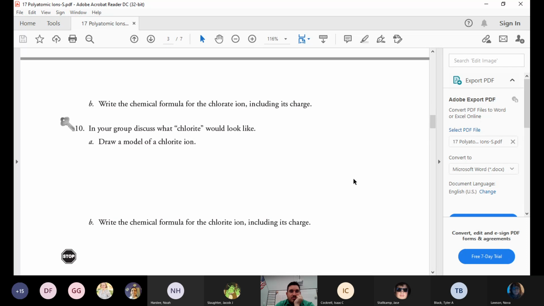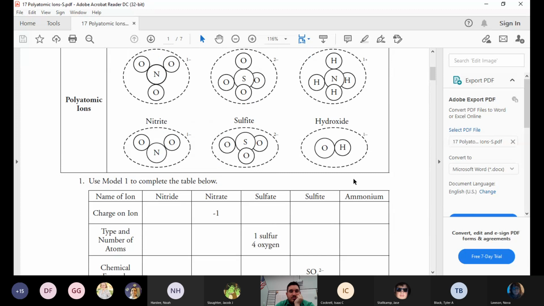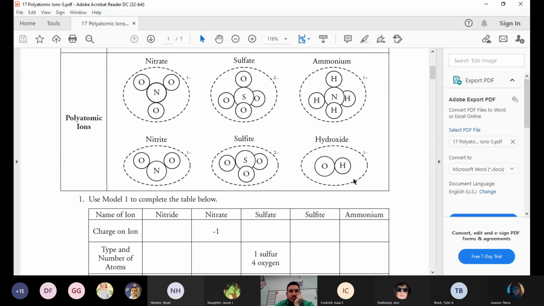So let's go back up here. Somebody talk about it in the chat box. What do you think chlorite is? If this is nitrate, this is nitrite, this is sulfate, and this is sulfite, what do you think chlorite is?